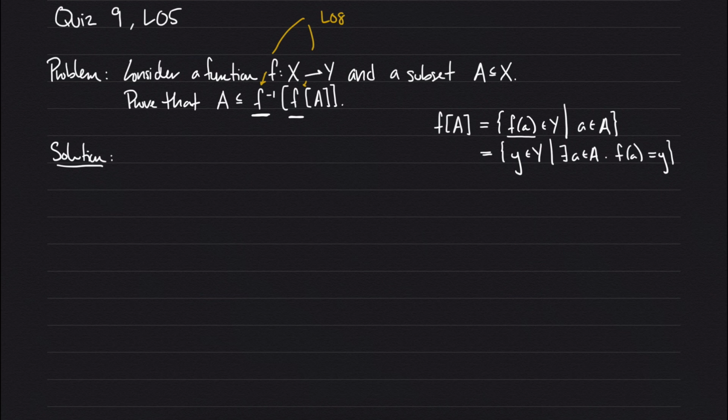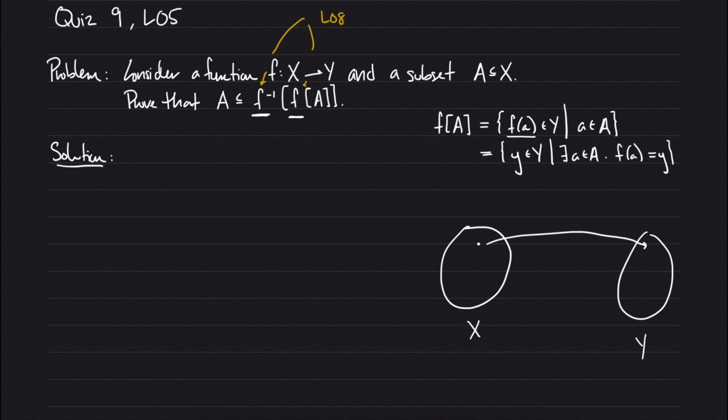All right, so maybe we can draw a picture of what's going on. Here we've got our domain X and our codomain Y, and f is the function that sends each little x to f of x. Now let's think about our subset A. Maybe I'll erase this to give us a bit more room.